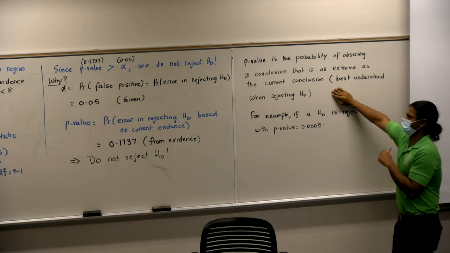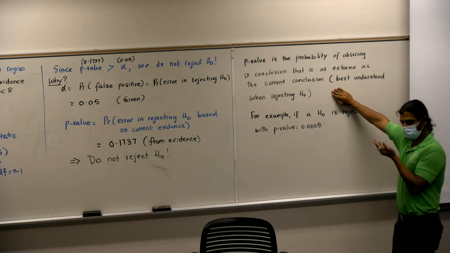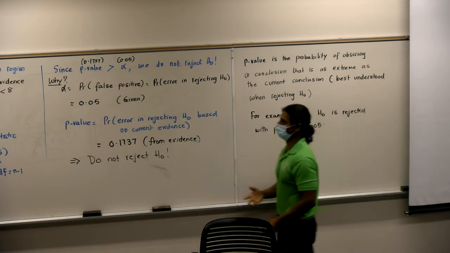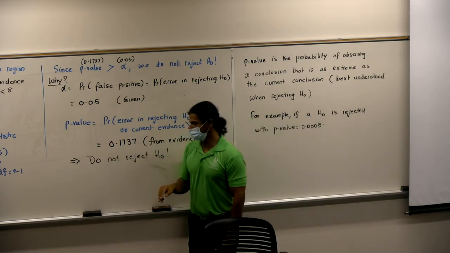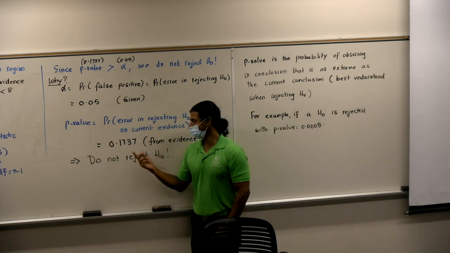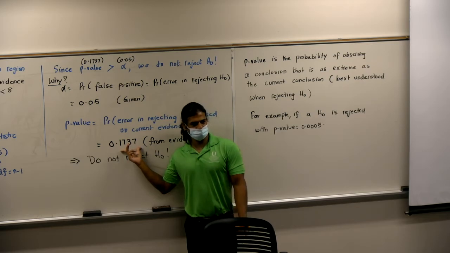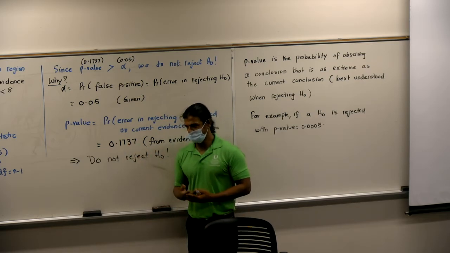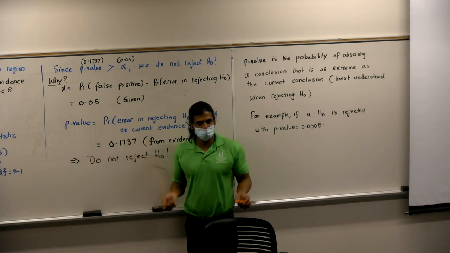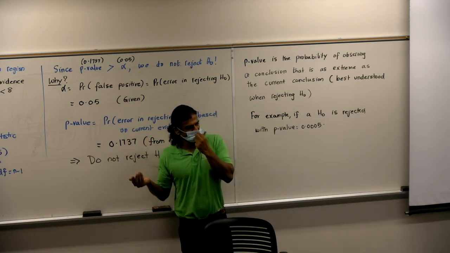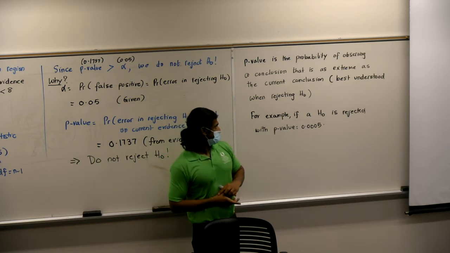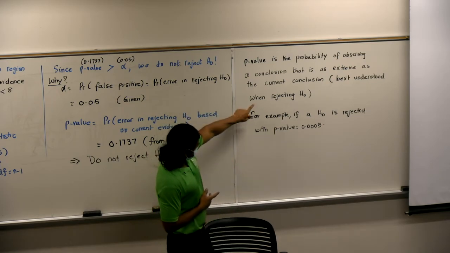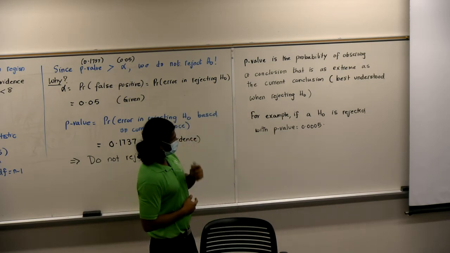But what are the chances that we could see such a conclusion if we rejected the null by chance? It's about 17.37%. In other words, this is not a rare event. It could happen just by chance, and there is about 17.37% chance for that to happen. So that is the formal definition of p-value.